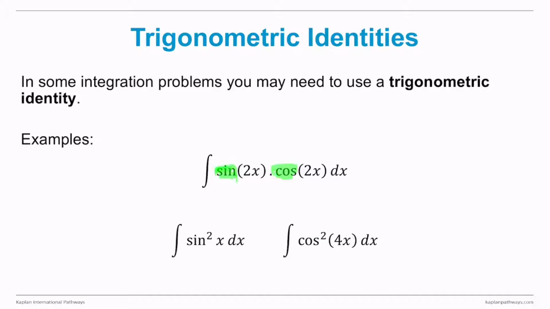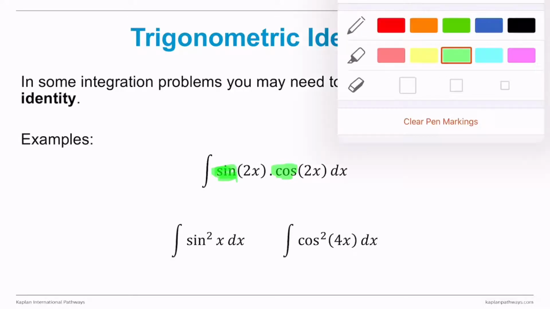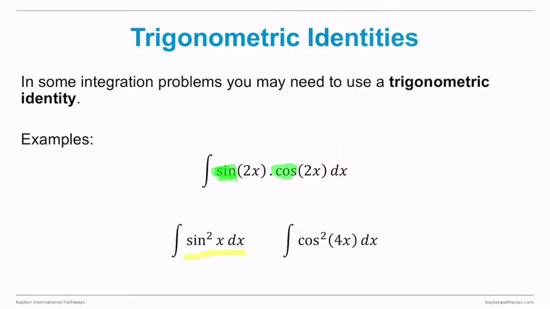If you have integration of sine multiplied by cosine, or sine squared, or integration of cosine squared, then in these three cases we will think about the trigonometric identities to help us solve these questions.